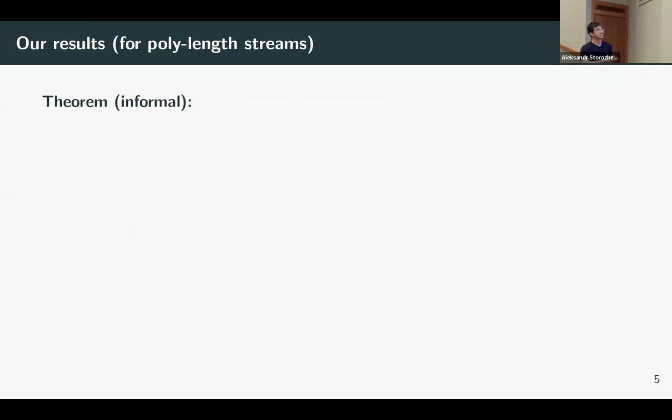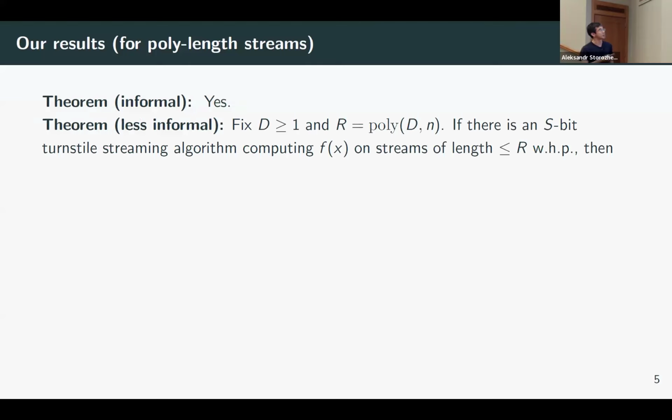Our main theorem answers the question, and the answer is yes. Less informally, what we prove is the following. Let's fix a parameter D, think of it as some polynomial, and another parameter R, which is a larger polynomial. Suppose that we have a turnstile streaming algorithm computing some function on a stream of length at most this larger polynomial, with high probability.